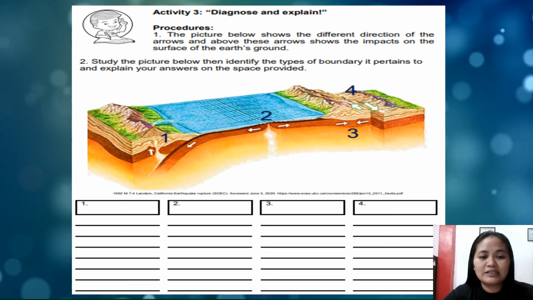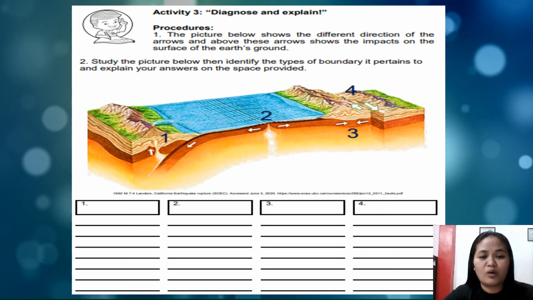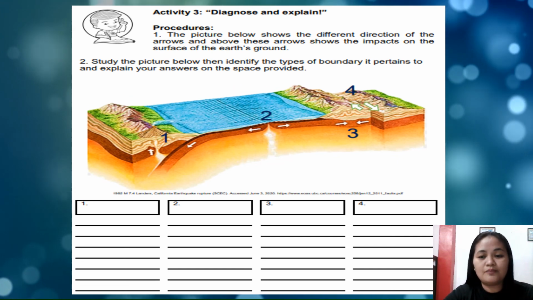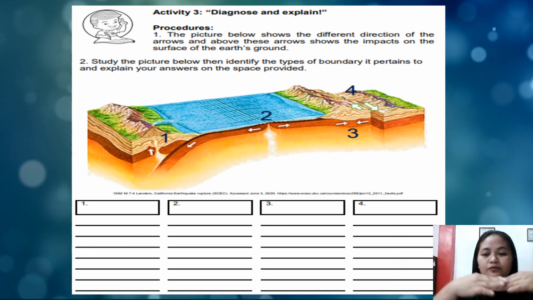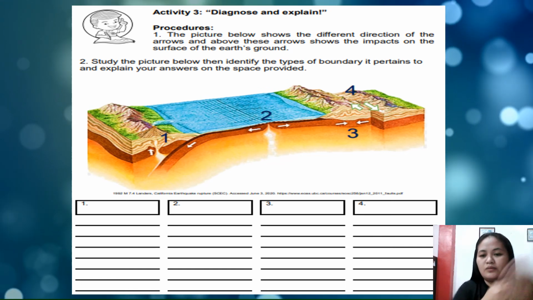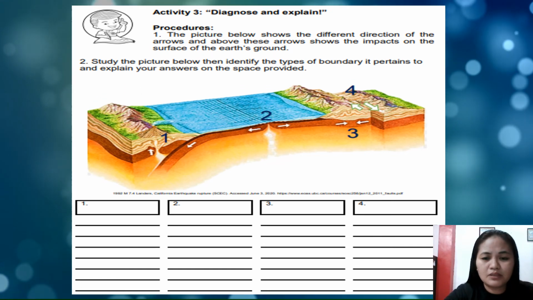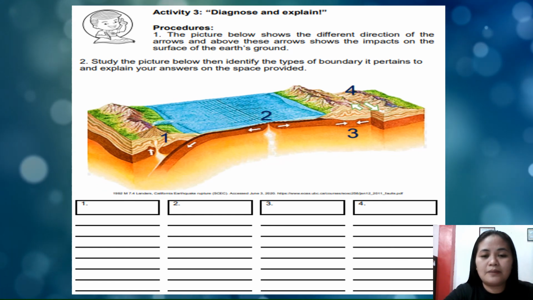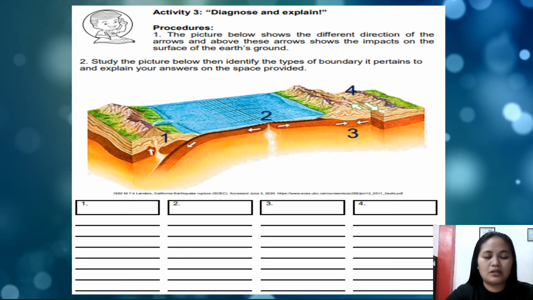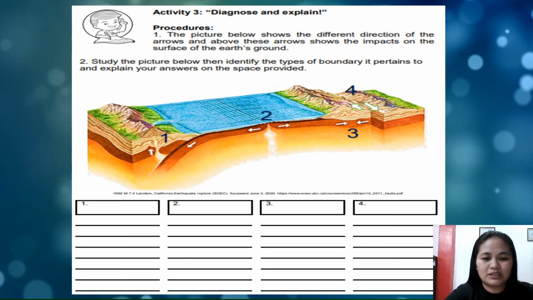Alright, so in these boxes, guys, number 1, 2, 3, and 4, you will write either convergent, divergent, or transform boundary. Ma'am, there are 4. Yes, because one of the choices will be repeated. Okay, how about these spaces, these blanks?